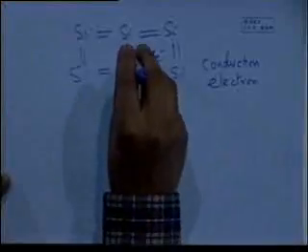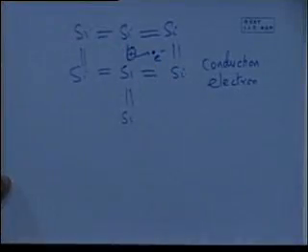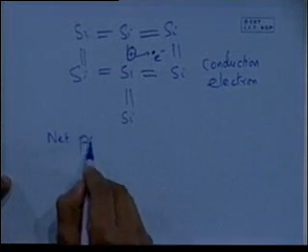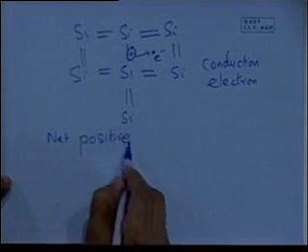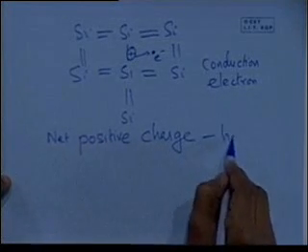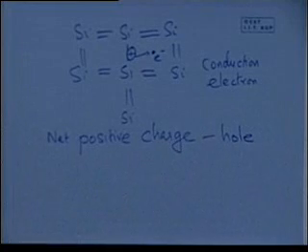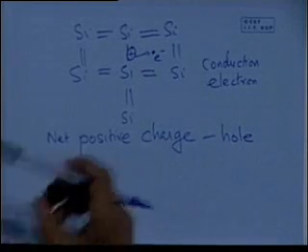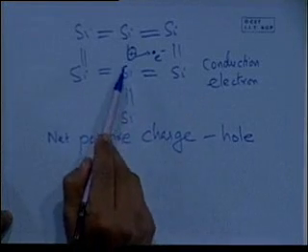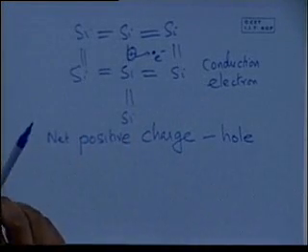I'm having one positive charge there, net positive charge in a local region. It is this net positive charge that is left behind that is referred to as a hole. Okay? So we have the electron contributing to the conduction. We also have this net positive charge left behind, which we refer to as a hole.